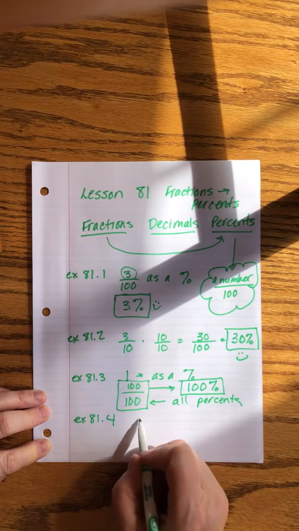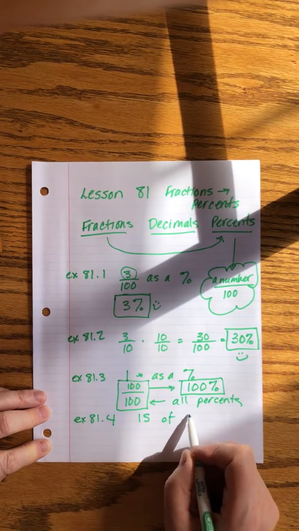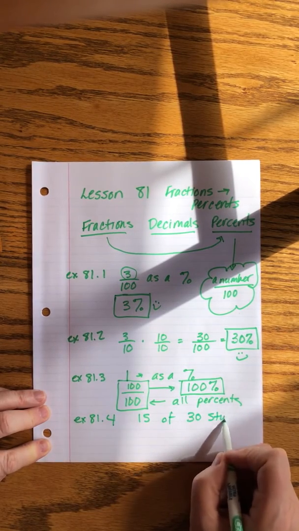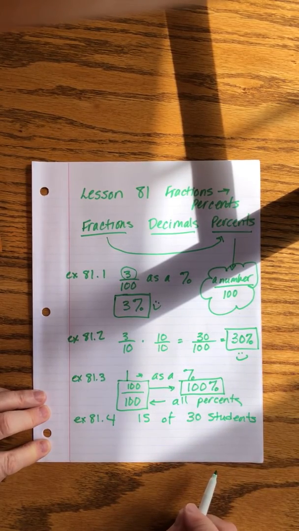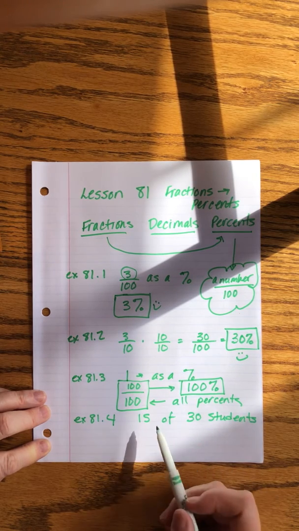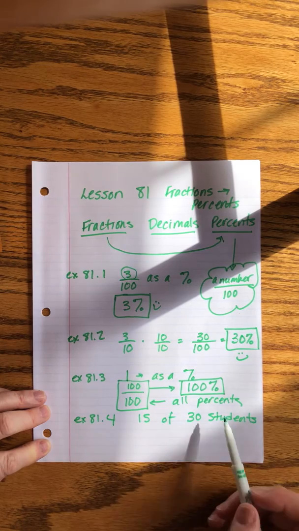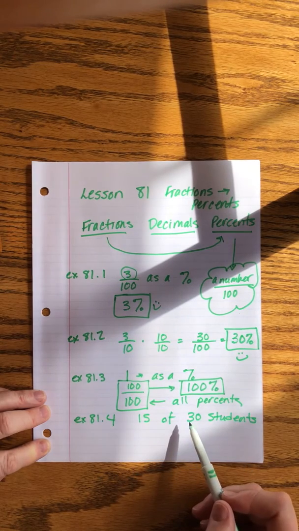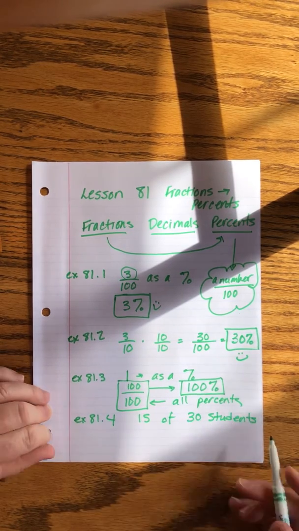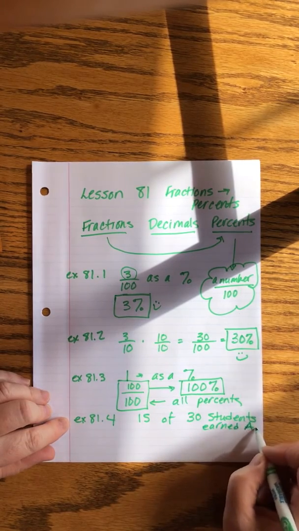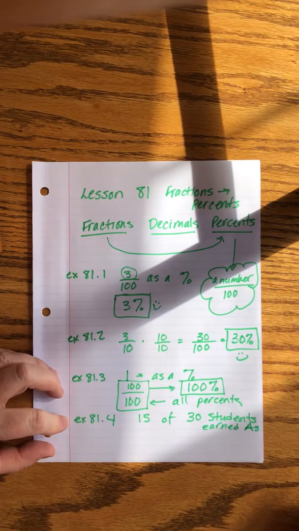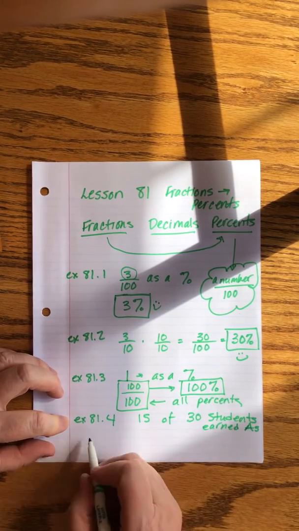15 of 30 students earned A's. So half of the students, I just started reading you the answer. Of the 30 students who took the test, 15 earned A's. What percent of the students earned A's? Joel, I can just see you bursting at the seams trying to answer this.